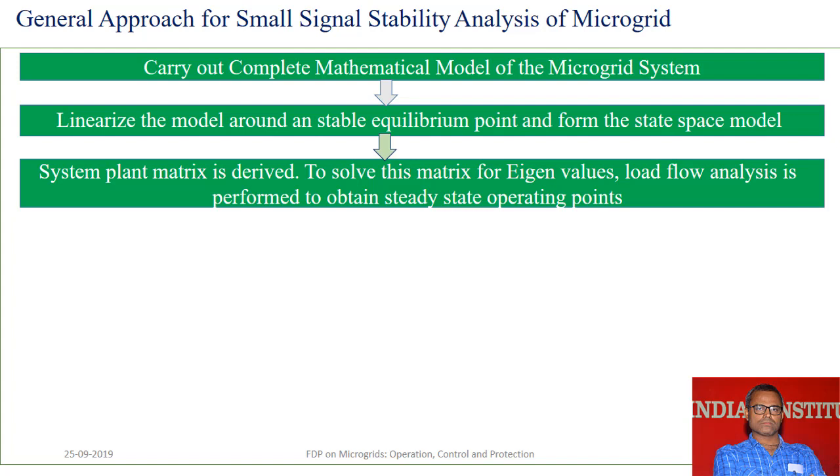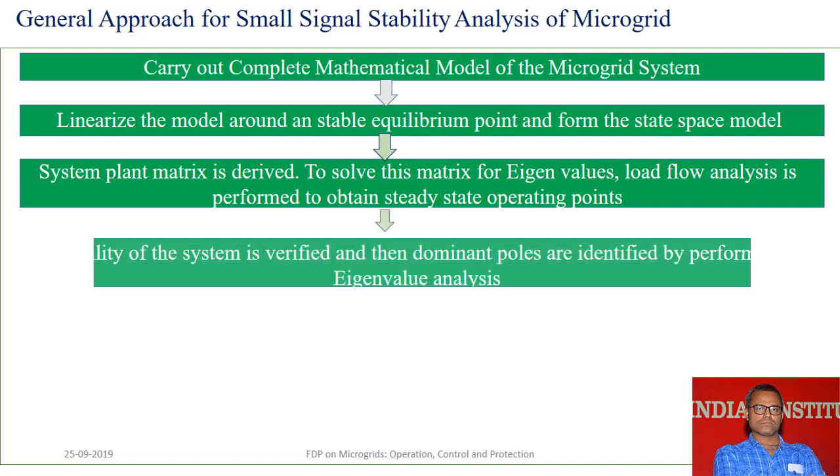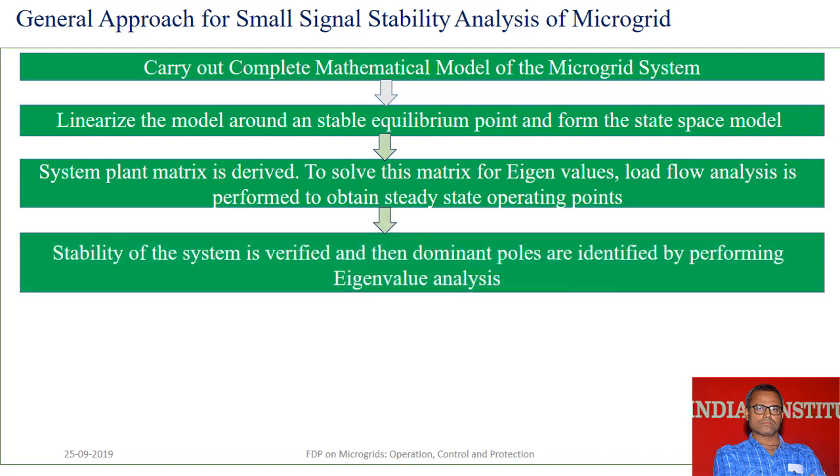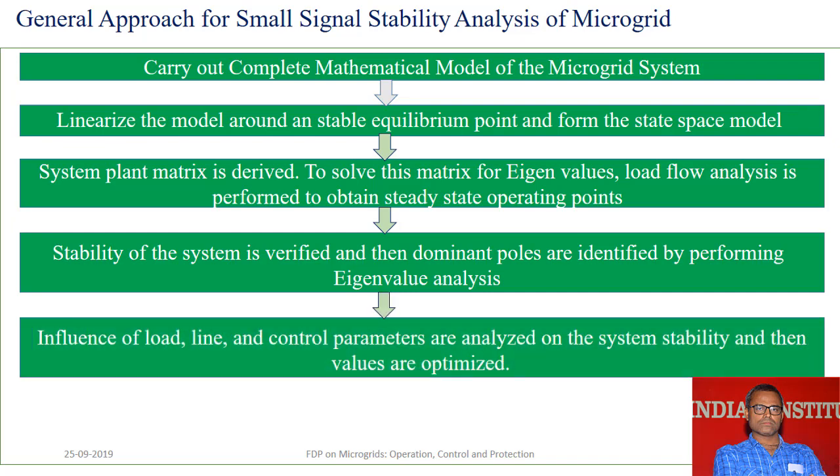Then load flow analysis can be performed to obtain the steady state operating points. The stability of the system is verified and then dominant poles are identified by performing eigenvalue analysis. This is generally what we do in small signal stability.